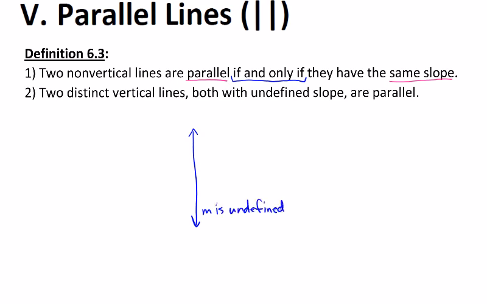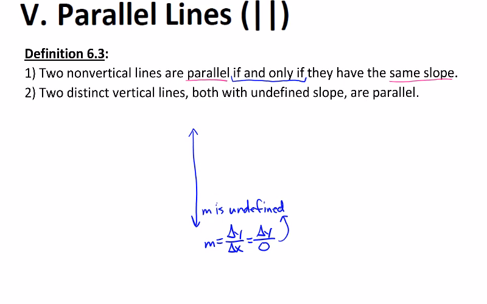Because you're going to go through the process of finding your delta y and your delta x, and you're going to find that your delta y will actually calculate to give you a number, but delta x is going to end up giving you 0. And so you're going to end up with division by 0, which is where we end up saying it's undefined. So because it's undefined, there is no slope to compare.